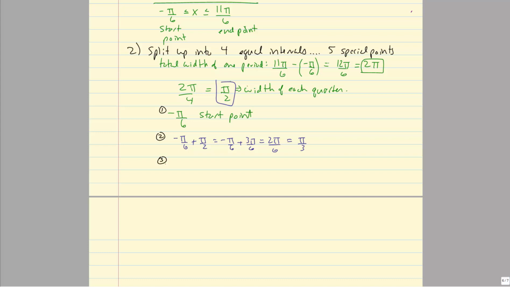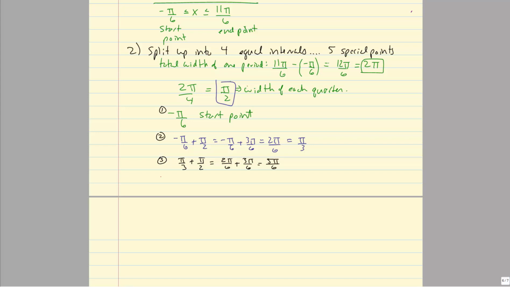My third point would be this 2 pi over 6, I'll just use the pi over 3 I guess, but I'll show you the advantage here of keeping them in fractional form and not reducing the fractions. Pi over 3 plus pi over 2, I'd have to find a common denominator. That would be 2 pi over 6 plus 3 pi over 6 would be 5 pi over 6.